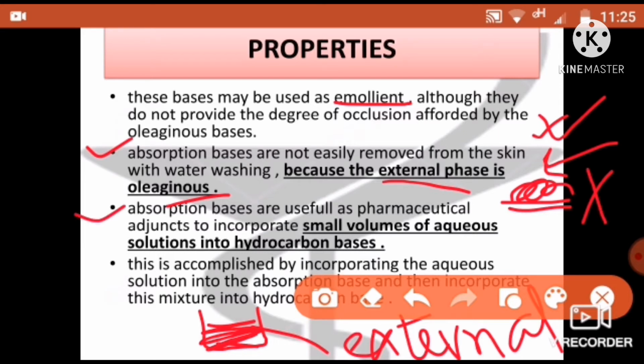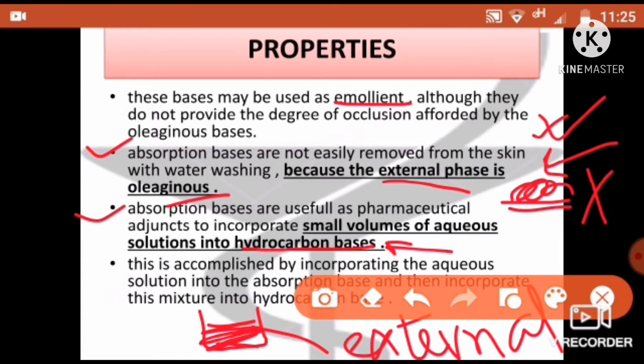The third one is absorption bases, which are useful as pharmaceutical adjuncts to incorporate small volumes of aqueous solutions into hydrocarbon bases. As we know, hydrocarbon bases cannot absorb much water in their formulation.